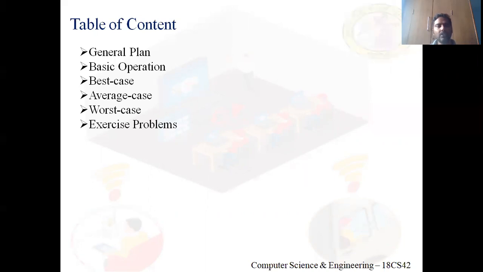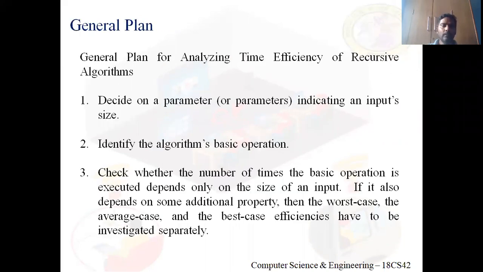In that case, we used to identify best case, average case, and worst case. We'll see here also whether there is only one efficiency, or we need to identify best case, average case, and worst case efficiency. And finally, we'll apply this general plan to some recursive algorithms. So now, coming to the general plan.